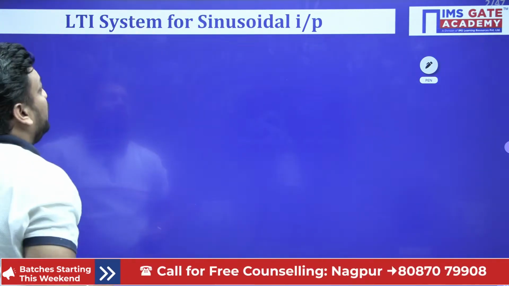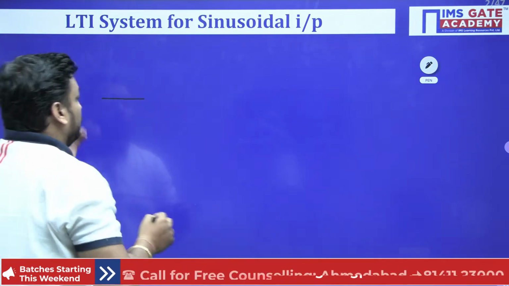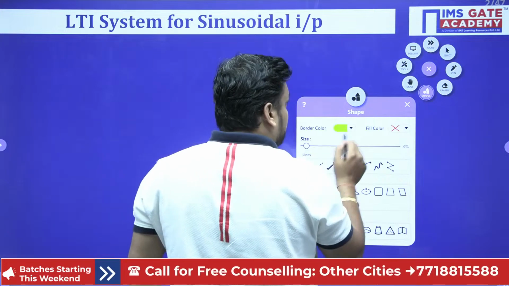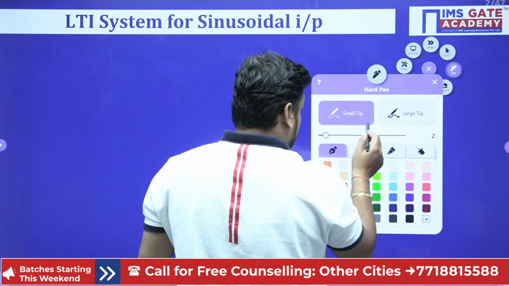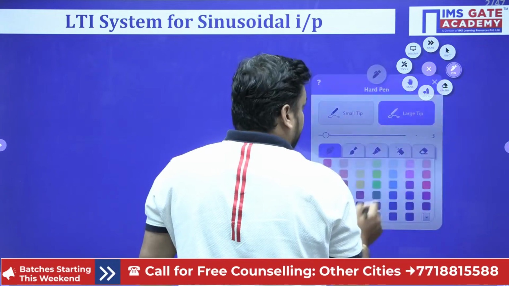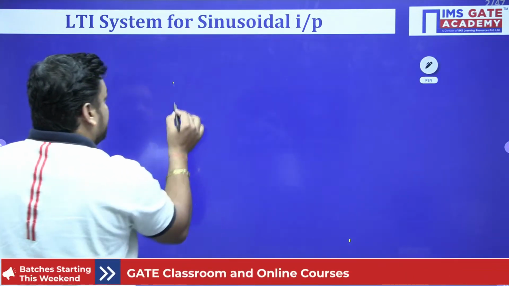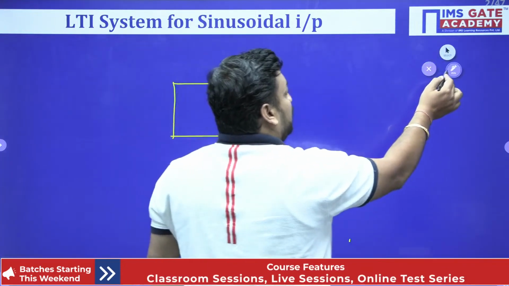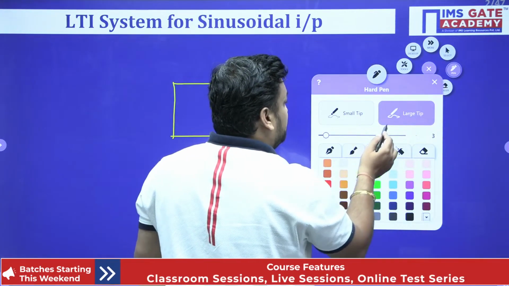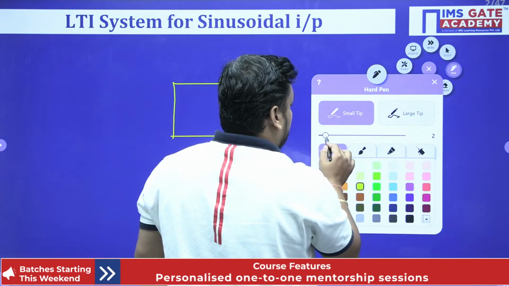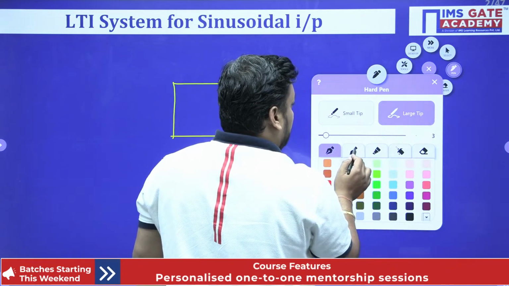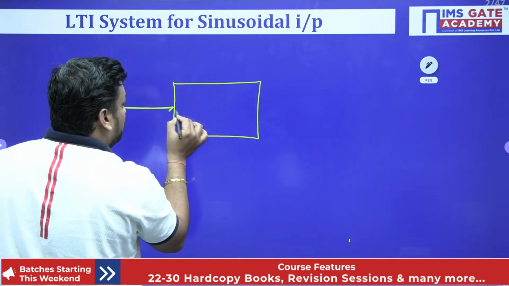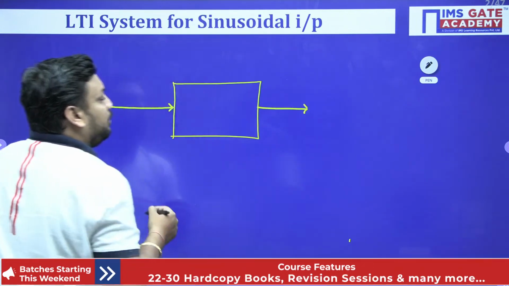So students, if I talk about the LTI system for sinusoidal input, try to make the diagram with me. Whenever any sinusoidal input is applied to an LTI system, the output is also sinusoidal but having different magnitude and phase.